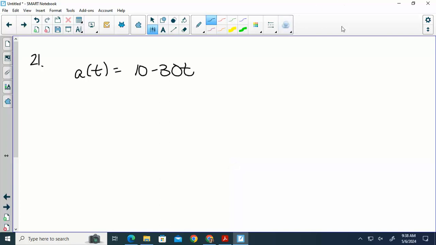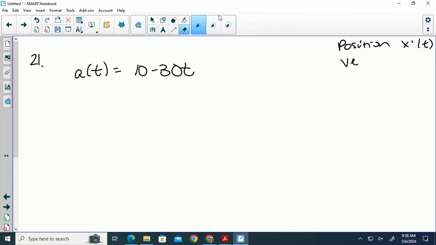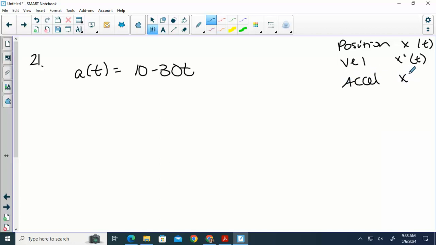We know in general, the derivative of position is velocity, and acceleration is the second derivative. So we're starting down here. If I do the antiderivative once, I will get my velocity. So the velocity, antiderivative of 10 would be 10t minus 15t squared.